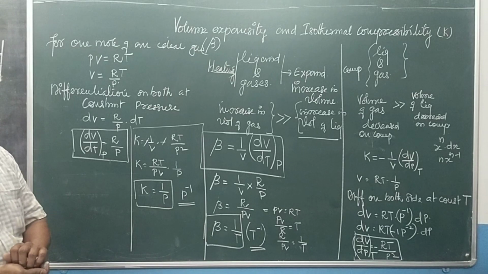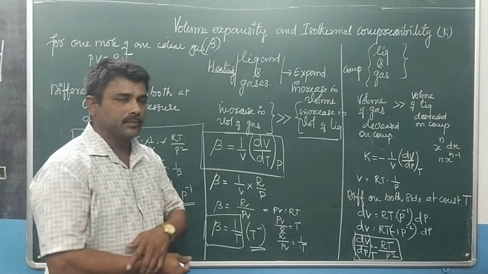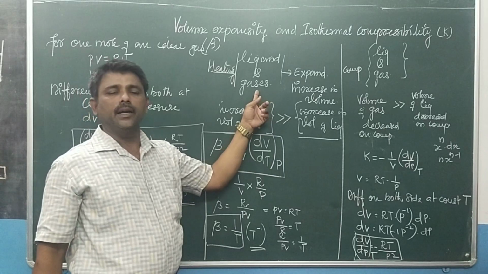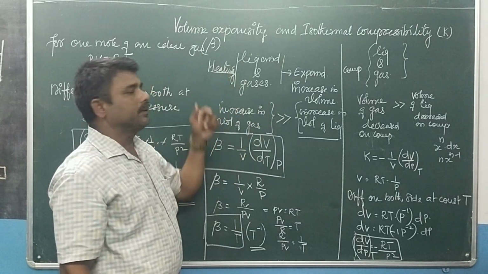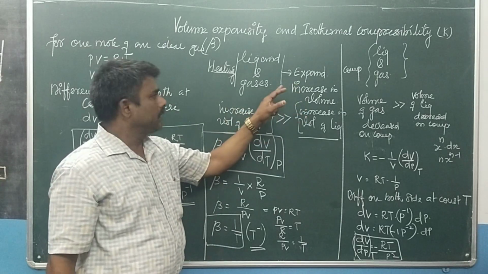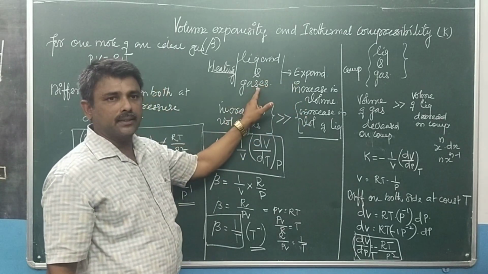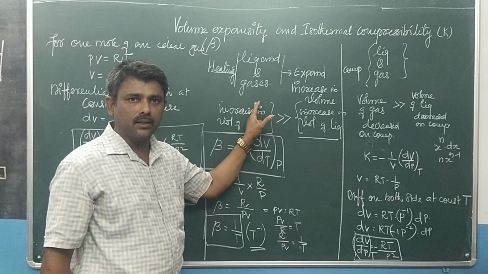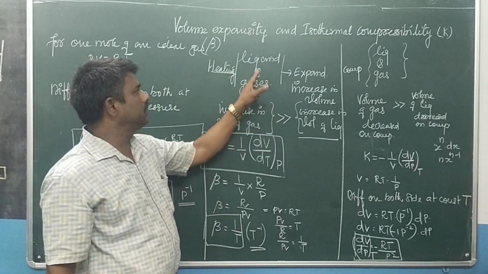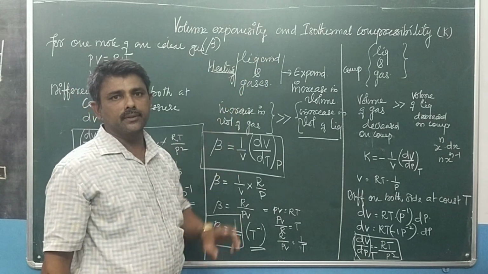Here, students, the important point is both liquids and gases tend to expand upon heating. Expansion means increase in volume. The increase in volume of gases is much greater than that of liquids.